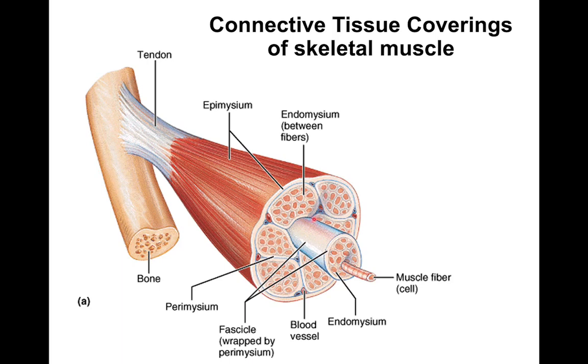Groups of muscle fibers, or fascicles, are covered with perimysium, another dense connective tissue layer. And a single muscle fiber is covered with a loose connective tissue, which is known as endomysium. They are homologous with the three layers of peripheral nerve. We have epineurium, perineurium, and endoneurium. Here in the skeletal muscle, we have epimysium, perimysium, and endomysium.